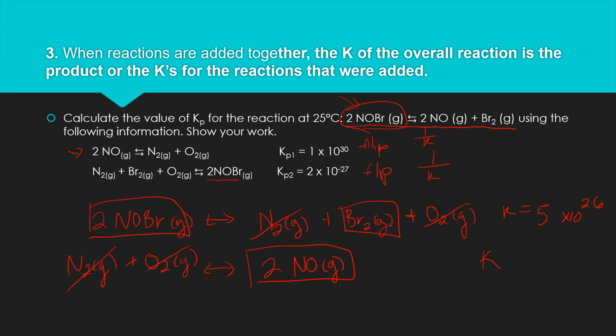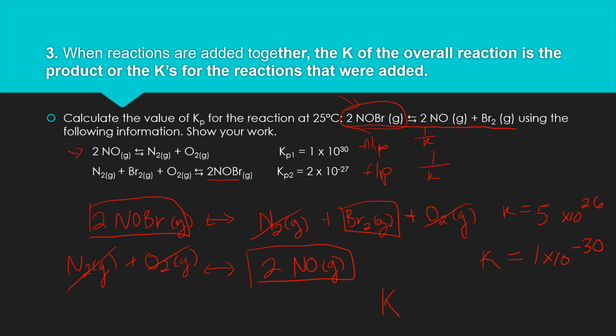For my first reaction, I had to flip it, so I'm going to do 1 divided by that K value. So 1 divided by 1 times 10 to the 30th, and I get 1 times 10 to the negative 30th because I flipped it and inverted that value. So now that our K values are set up to find the overall K value for this reaction, I have to do the product of the K's for the reactions.